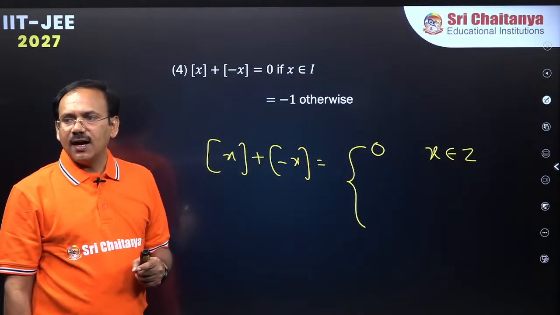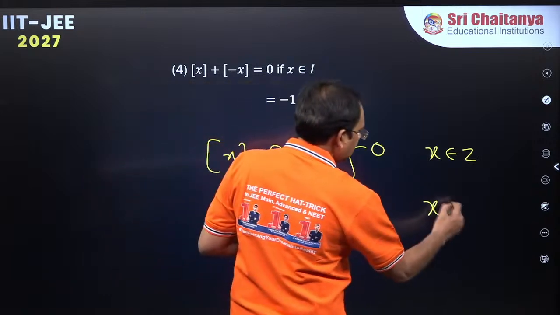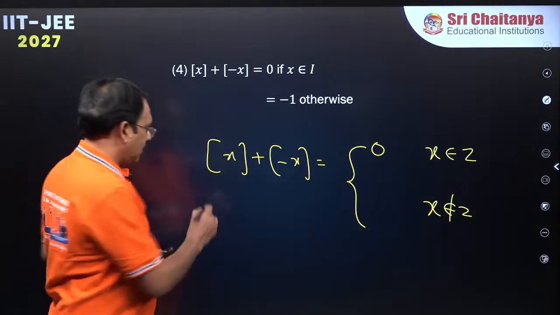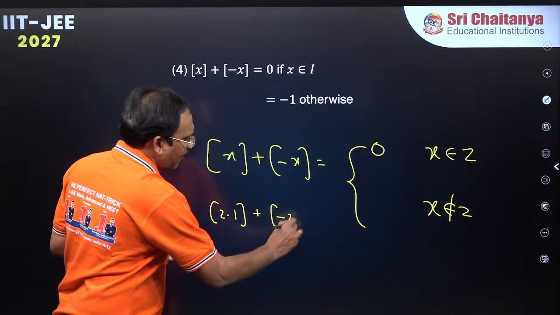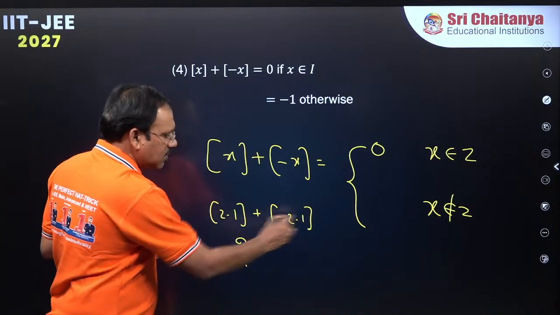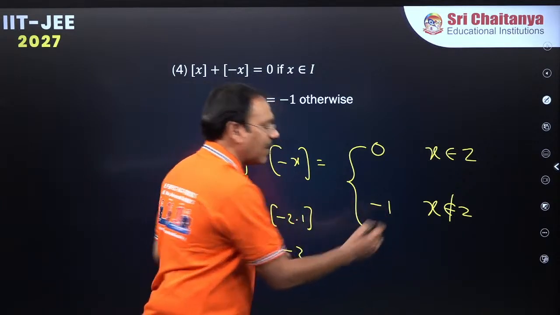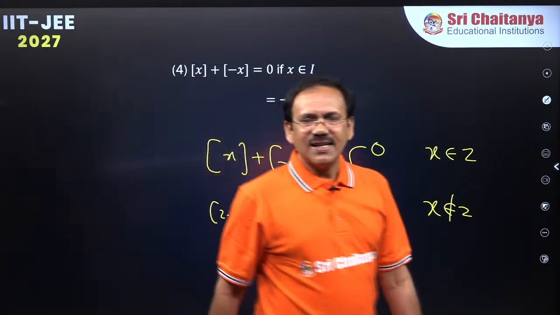If x is a non-integer, say 2.1, what can you say about step of 2.1 plus step of minus 2.1? Step of 2.1 is 2, step of minus 2.1 is minus 3, the sum becomes minus 1. Clear, everyone?